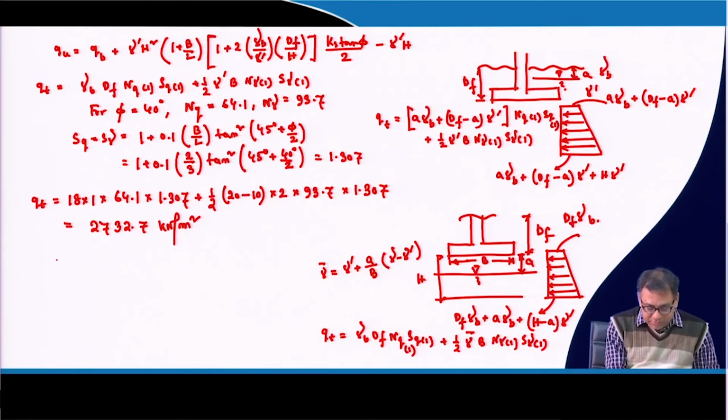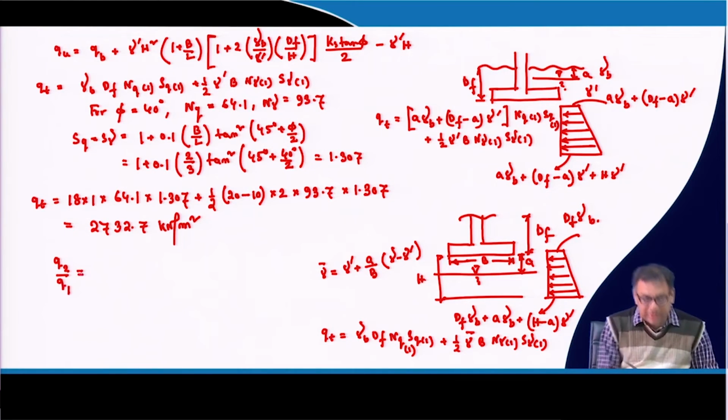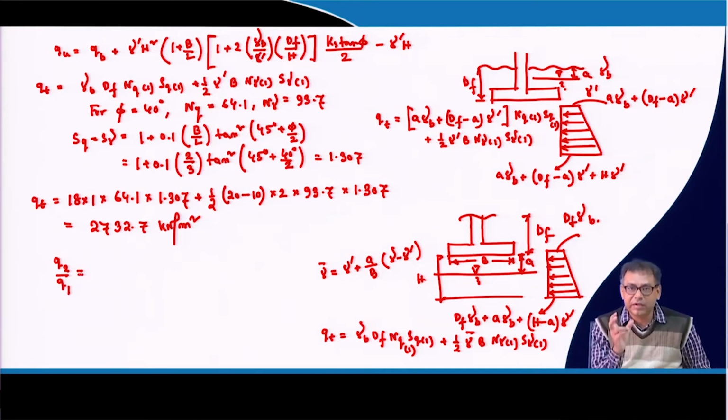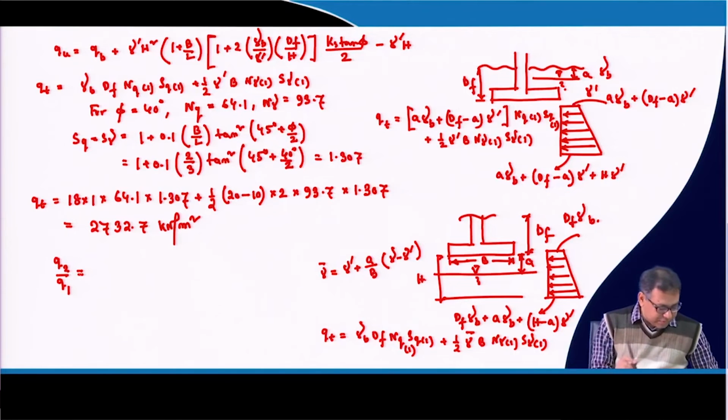To calculate the Ks, you should know q2 by q1. And what is q2? If a strip footing of width B is resting on the surface of the bottom layer, then the bearing capacity is called q2. If a strip or continuous footing is resting on the surface of the top layer, where the width of the footing is B, then that is called q1. So it is a strip footing.